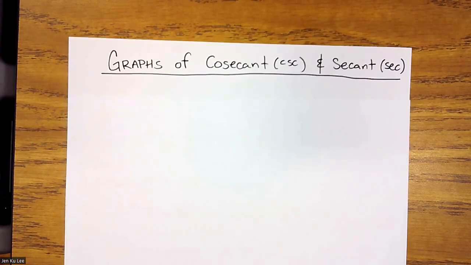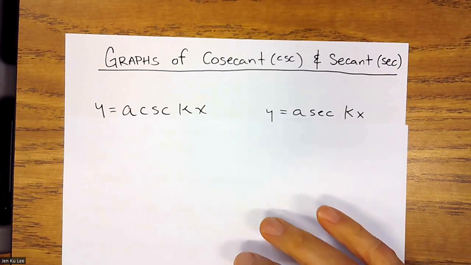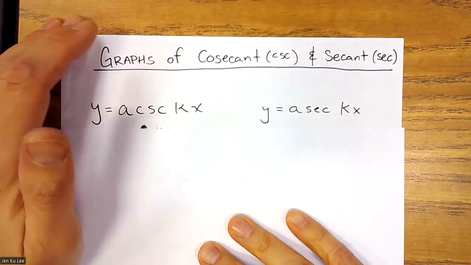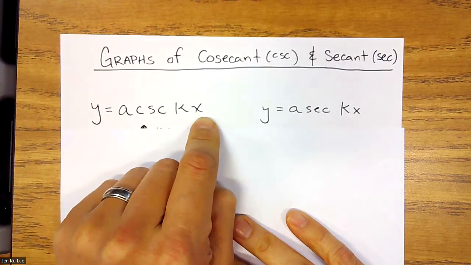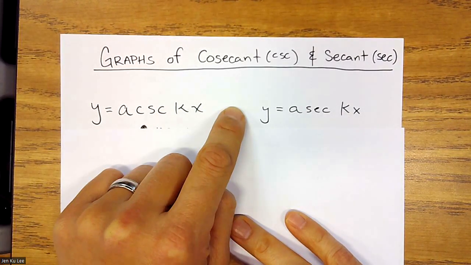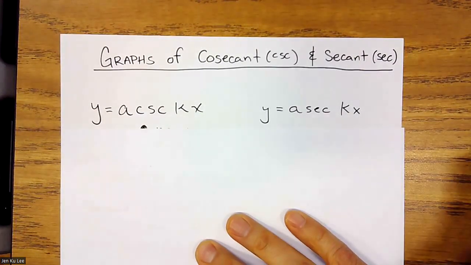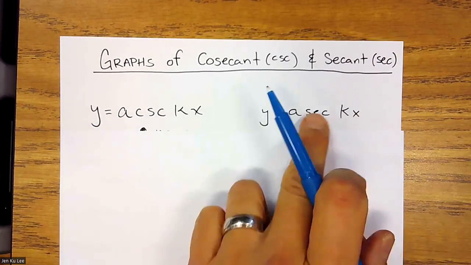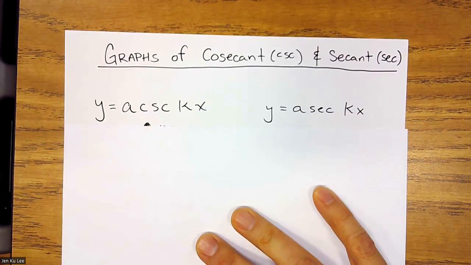So the general form for this is y equals a cosecant kx. I left out the transformations, shifting, because we're not going to be shifting here, from cosecant and secant.